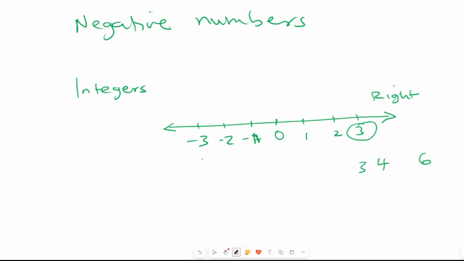But when you come to the negative numbers, the negative of a bigger number is actually smaller. What I mean is, if I have negative 6 and I have negative 1, normally 6 is bigger than 1. But on the negative side, the bigger the magnitude of the negative, the smaller it is in its quantity. That's what I'm trying to say.